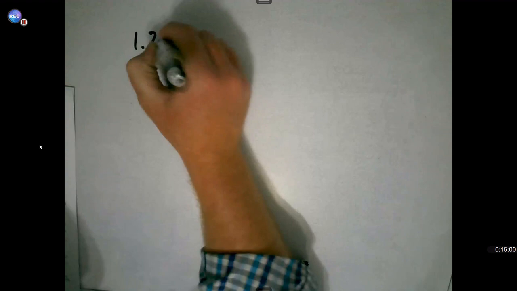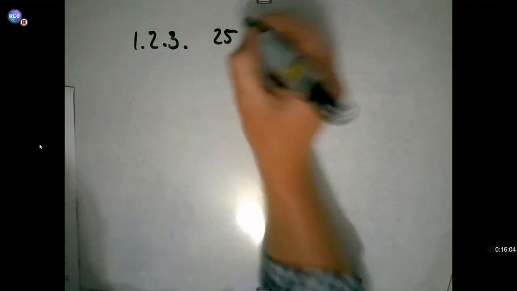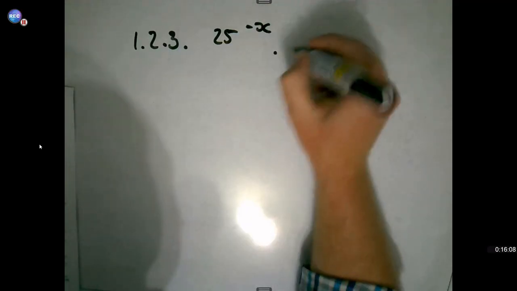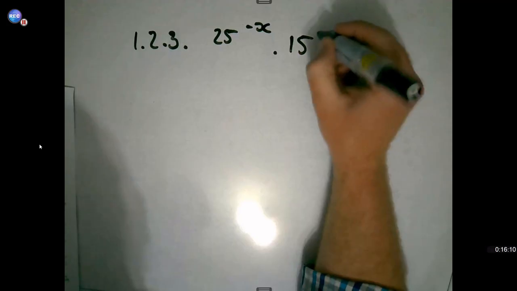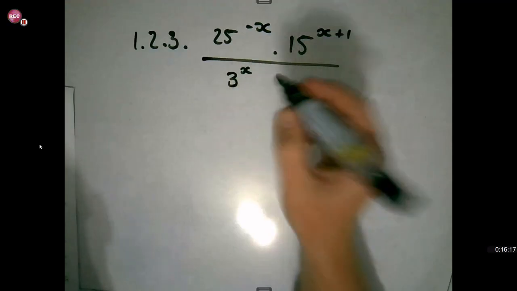Okay, our next question is question 1.2.3. That question looks like this, and let me tell you, there's a lot of kids that struggle with this. So hopefully I can clarify everything for you so that you are able to do this.